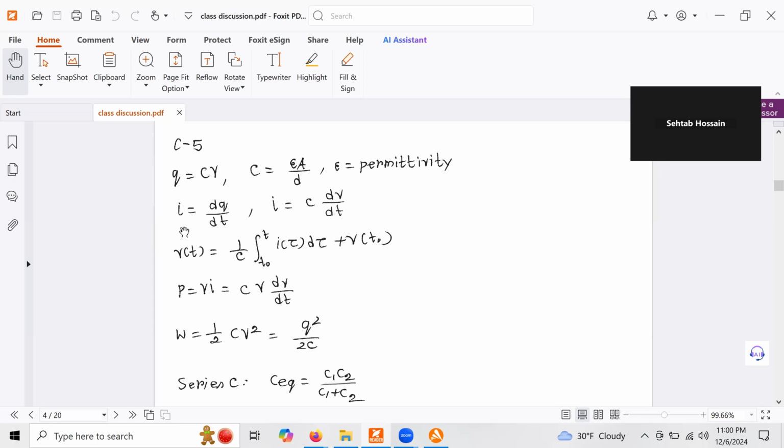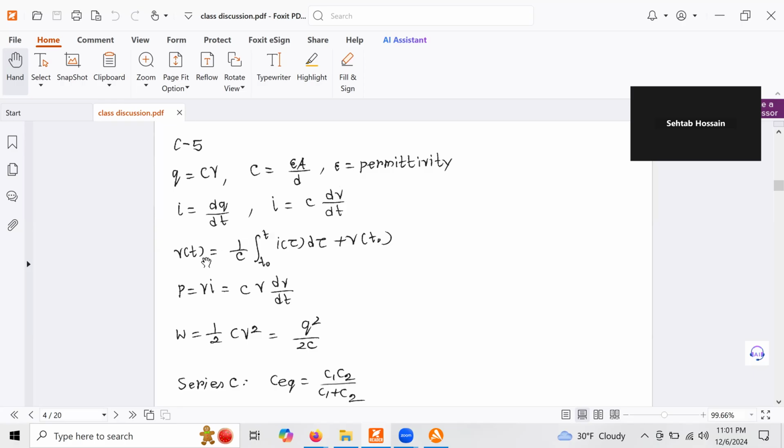And from lecture 1, we already know that I equals dQ/dt, and the current across a capacitor will be I equals C times dV/dt. Then if I want to get the value of V, what will be the expression for that? We have to integrate dV.